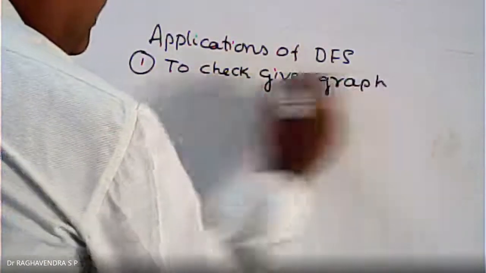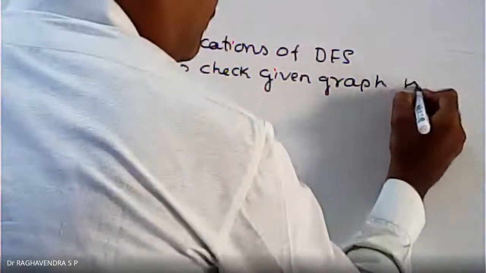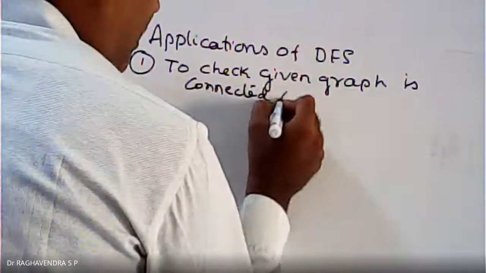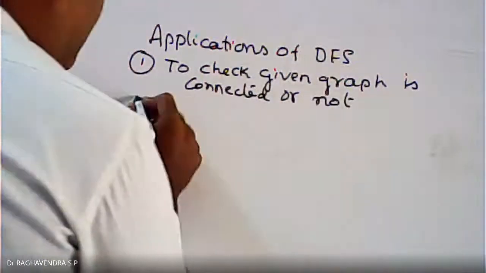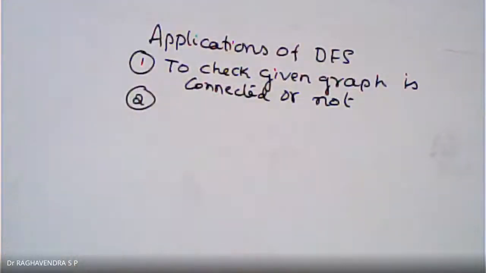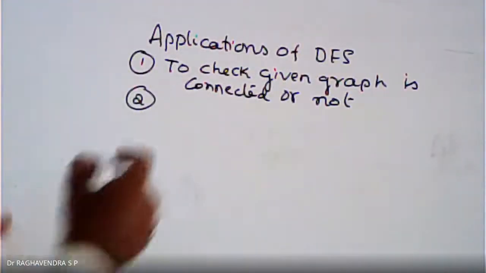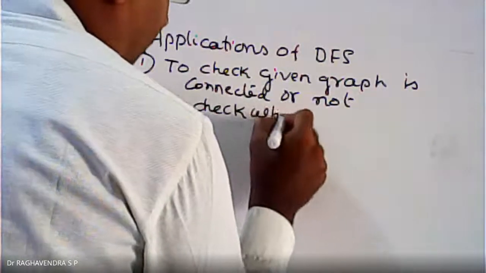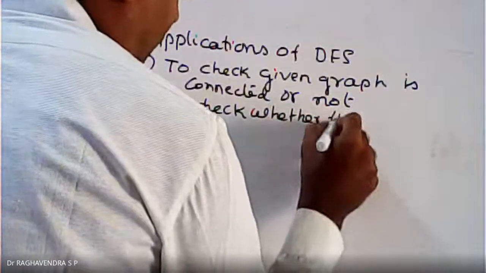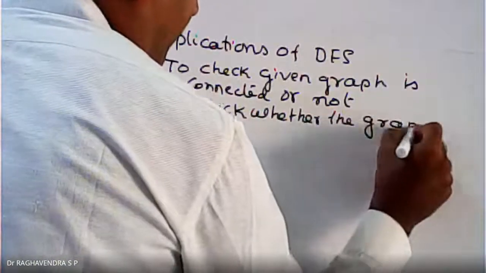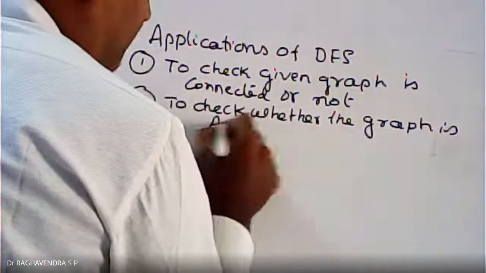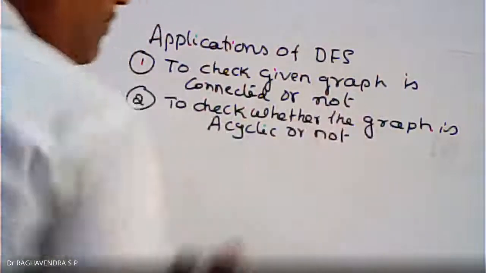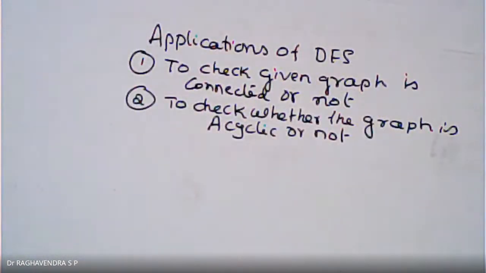Second one, to check whether the graph is acyclic or not. Third one is to find a spanning tree.